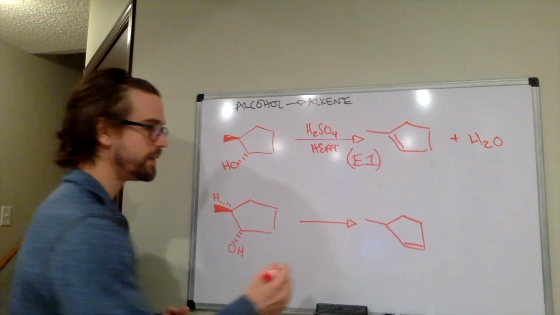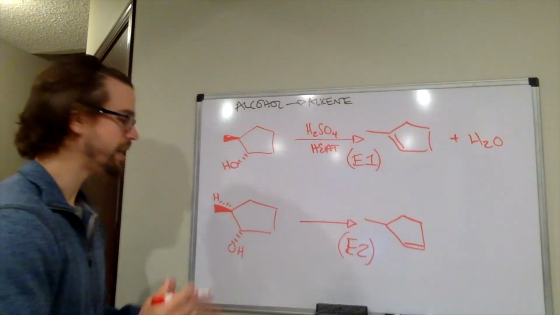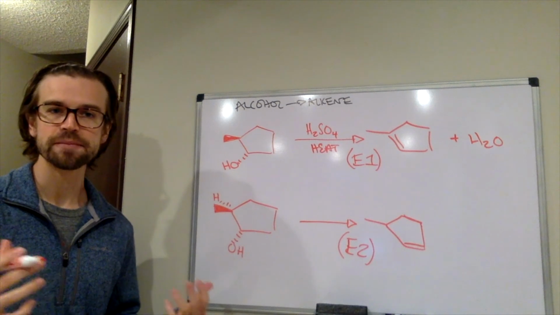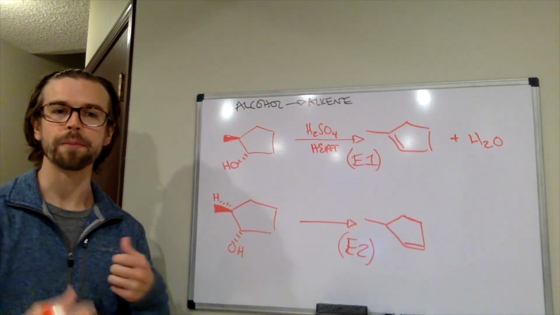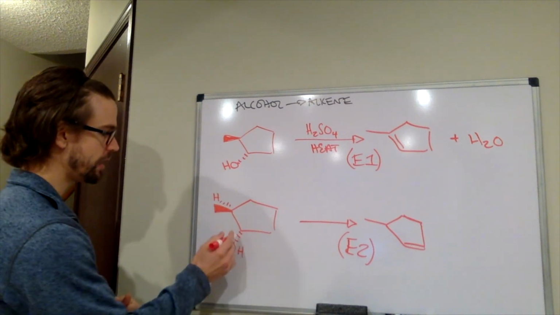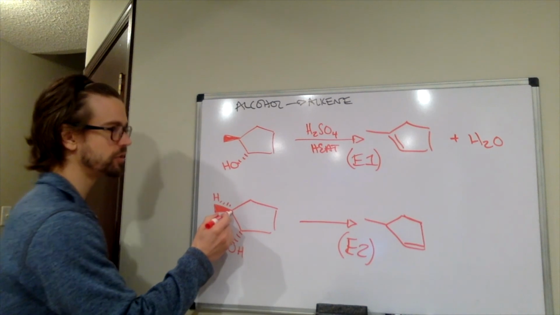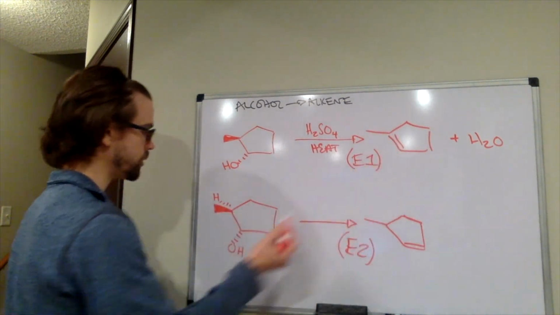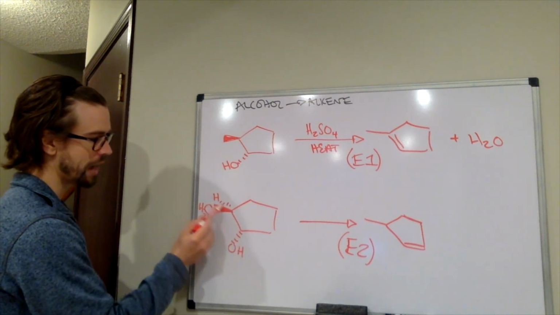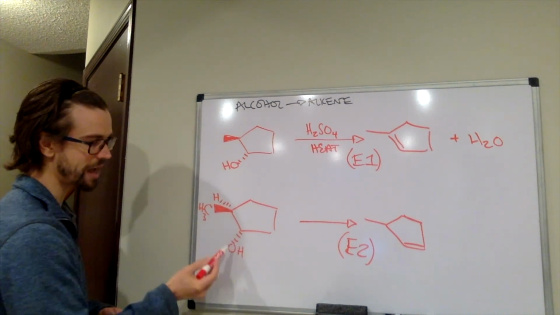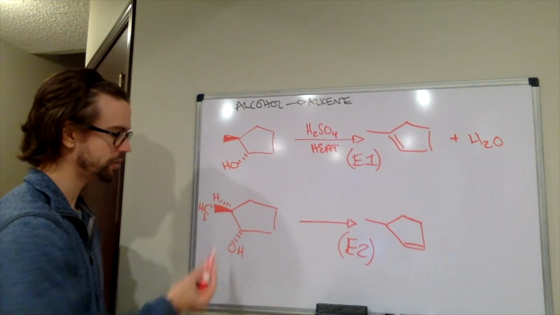But if it undergoes an E2, then it needs a hydrogen that is antiperiplanar to itself. So antiperiplanar, remember, that means on the opposite face. And if we look at the carbon that we would need to remove a hydrogen from to form that more substituted product, the only hydrogen that is around is not antiperiplanar to the OH, it's also a dash.